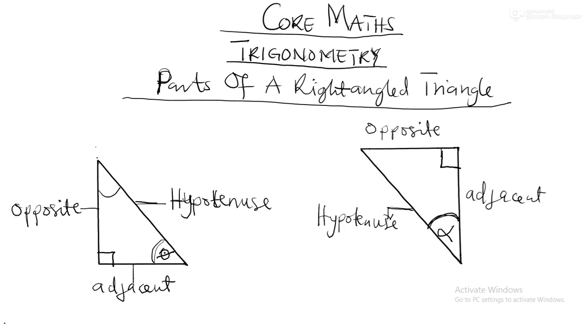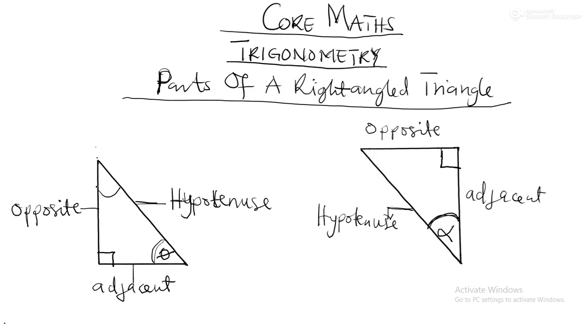So if this is the reference angle, then this side will be the opposite, and this side will be the adjacent. But if this is the reference angle, then this side will rather be the opposite, and this side will be the adjacent. That was what we looked at the last time we met.